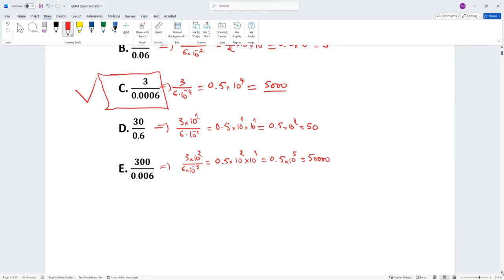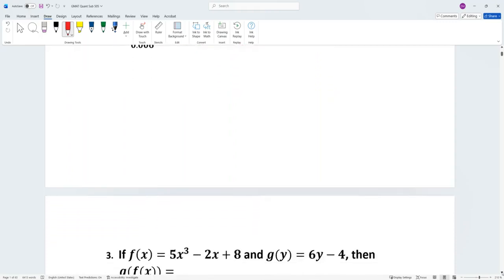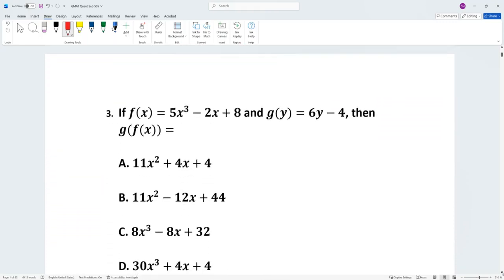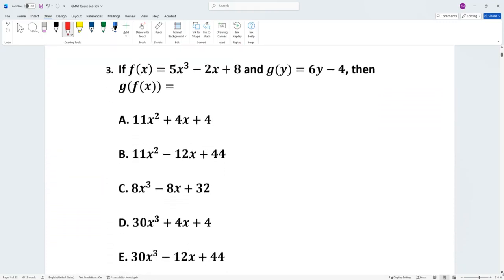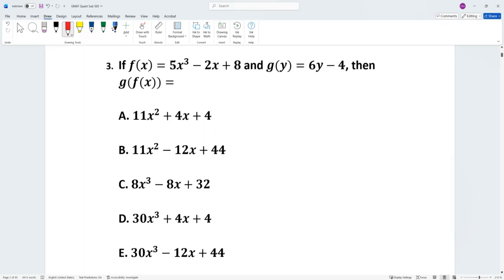Next question is this. So it says, if f of x is equal to 5, so let me just write, f of x is equal to 5 times x to the power 3 minus 2x plus 8.